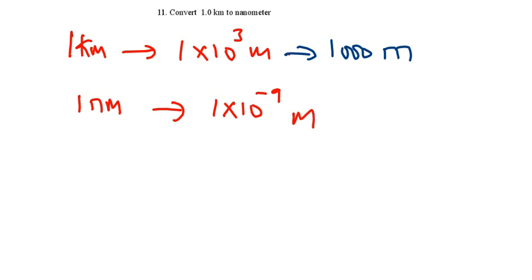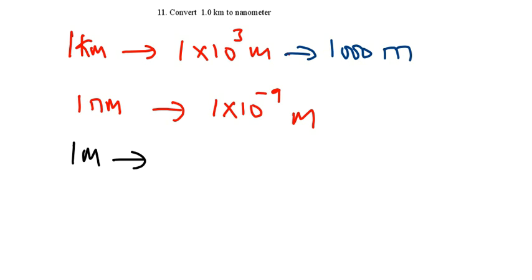Okay, so when you have a kilometer, we've taken it to 1,000 meters. So if you're going to express this in terms of 1 meter, or make 1 meter the subject, you would have to divide by 10 to the power negative 9 both sides. You end up with 1 meter being equal to, in short, if you're trying to swap them, you just change the signs.